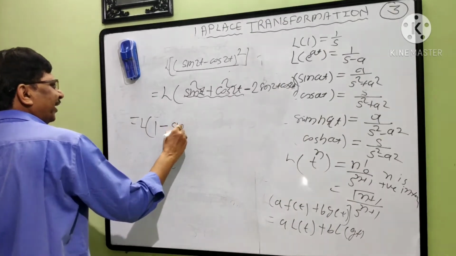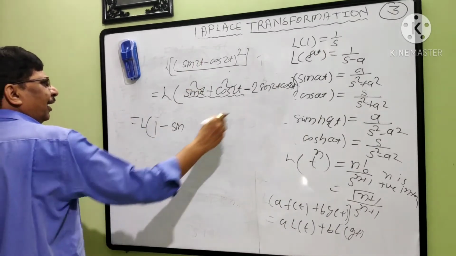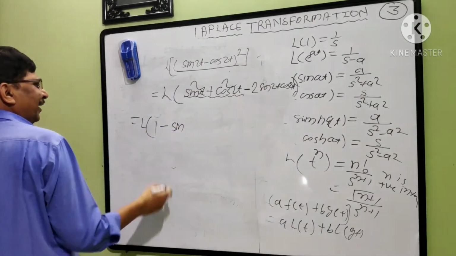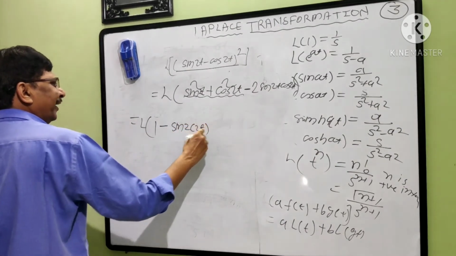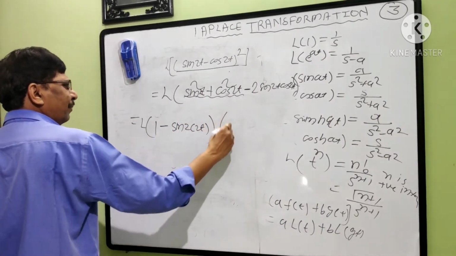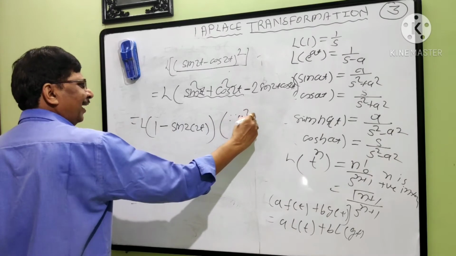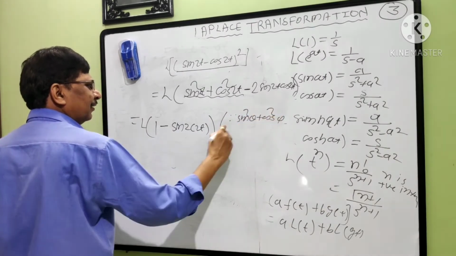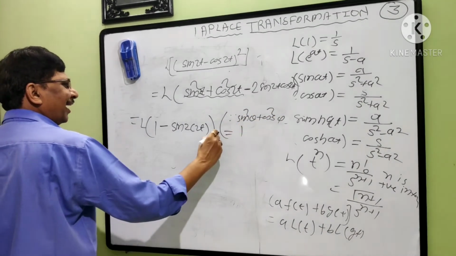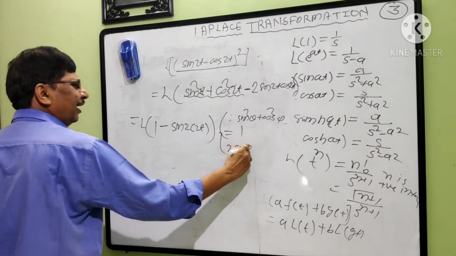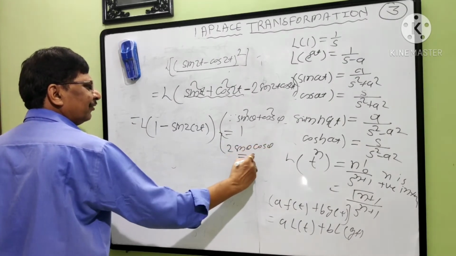Here theta is 2t, so it becomes sin of 2 into 2t. You may have forgotten, so I am writing the reason: 2 sin theta cos theta is sin 2 theta.